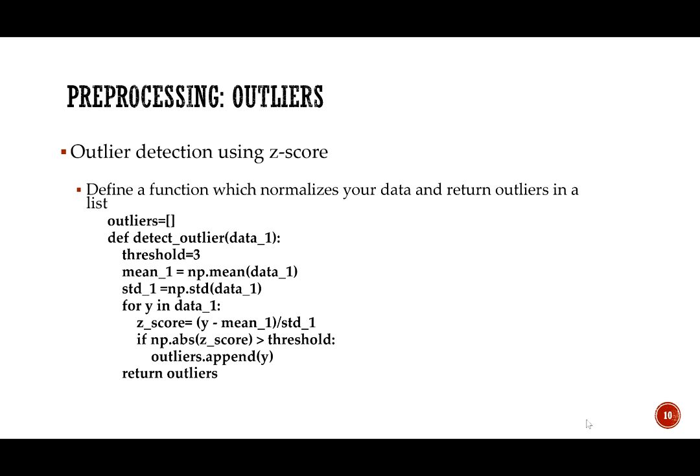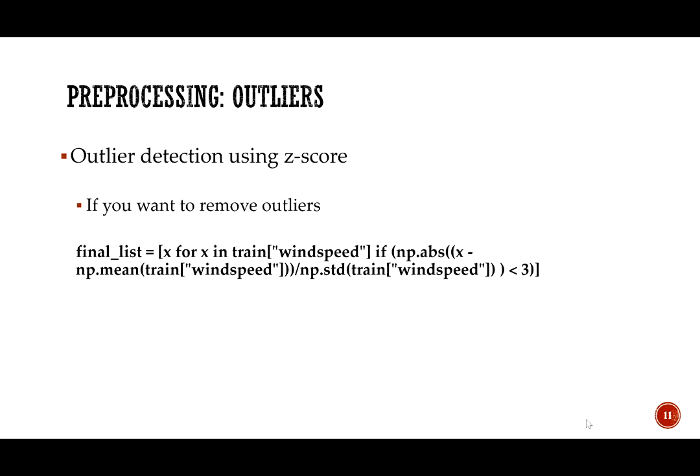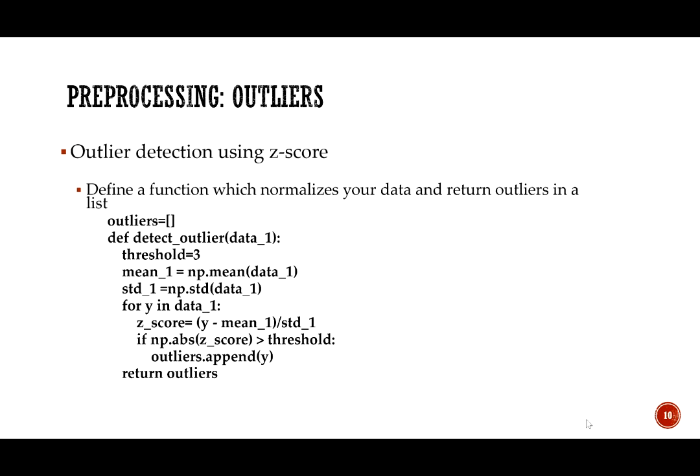So the way that it works is to standardize data and then compare it to a threshold. So when we work with the normal distribution, we know that almost 97% of observations fall between plus minus 3 standard deviations. So 3 can be the threshold. So if the data points are in the tail of the normal distribution, we can treat them as outliers.